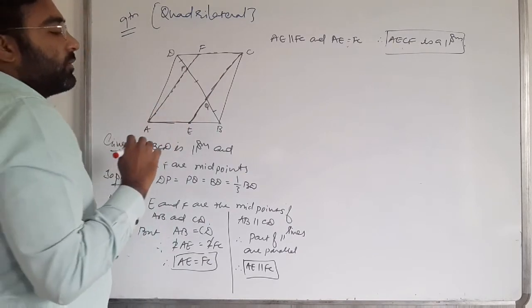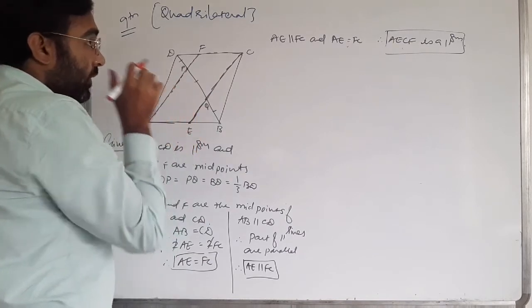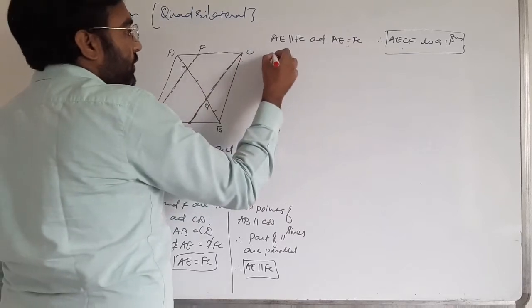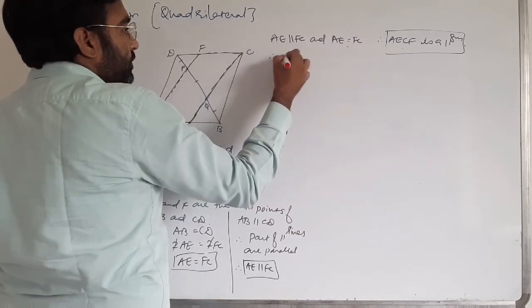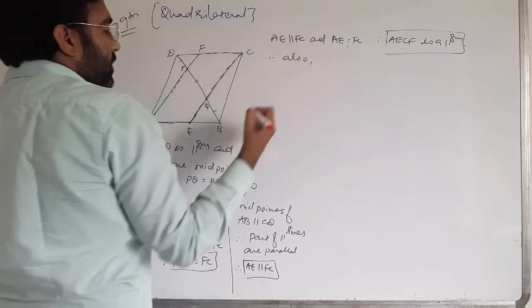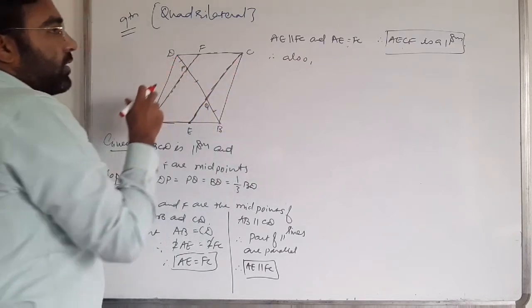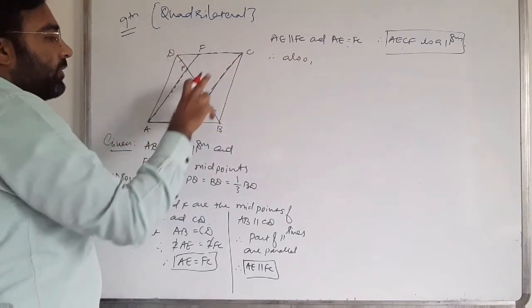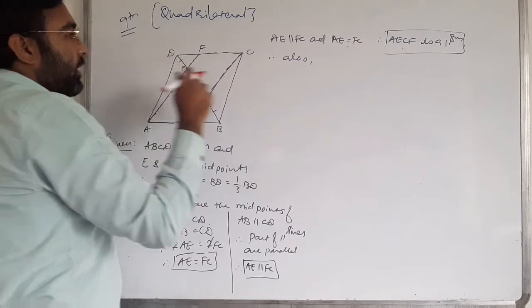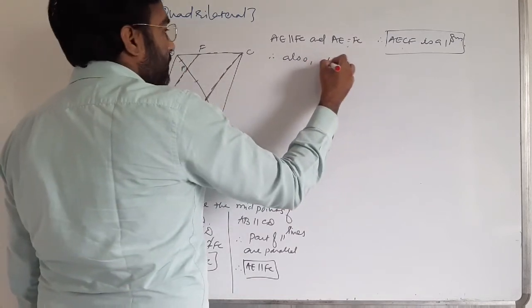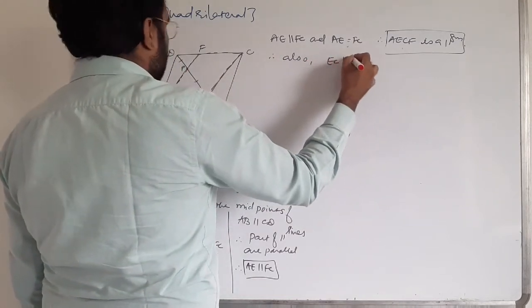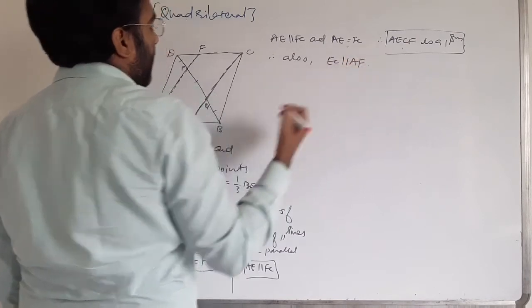Okay, now therefore also, AECF is a parallelogram, therefore EC and AF are also parallel, so we write EC parallel to AF.